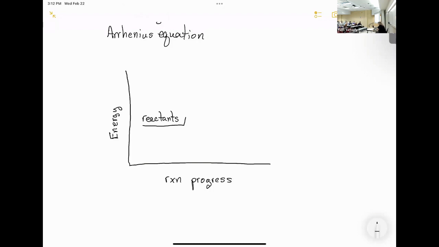That correct energy is dependent upon the energy of activation. If it has the correct energy to get over that barrier, then yes, we have the ability to go and form our products.